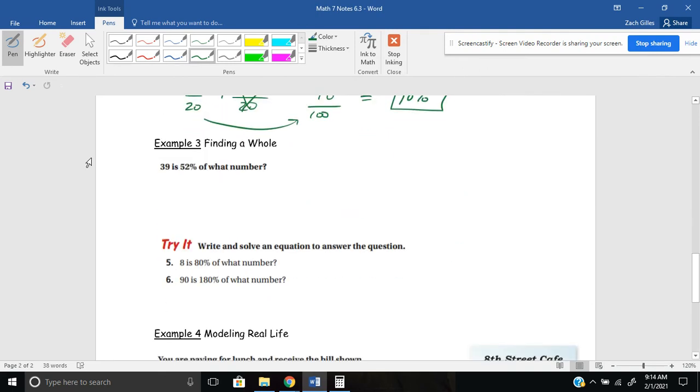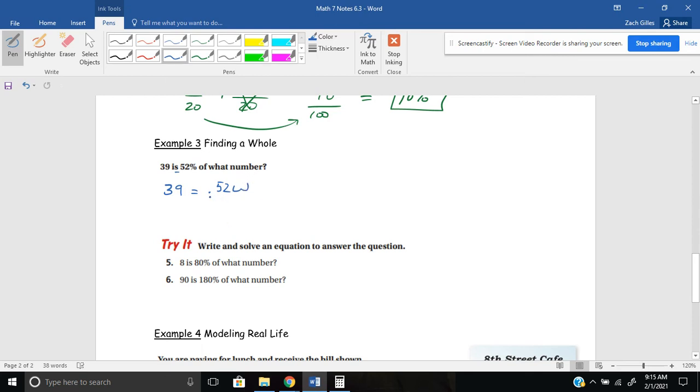Example 3, now we find the whole. So we have 39 is, so 39 is my part. Part equals percent times whole, so 52% is the same as 0.52 times the whole.